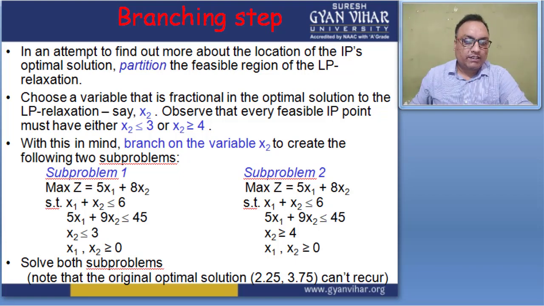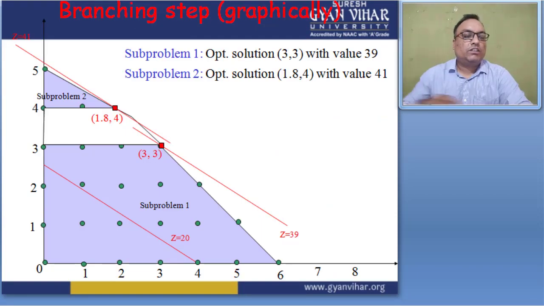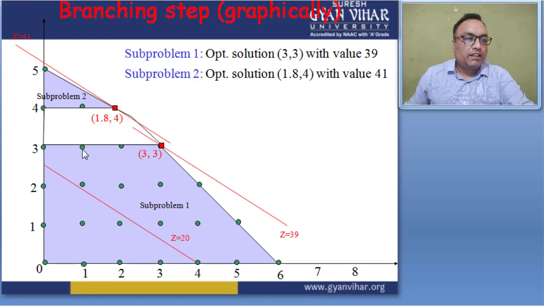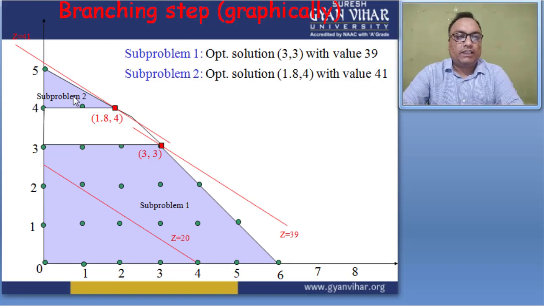Just see in this slide, the branches are divided into two subproblems, and the first problem gives some feasible region, and the second problem gives some feasible region. The optimal solution for subproblem 1 is here 3 comma 3 with a value of 39.